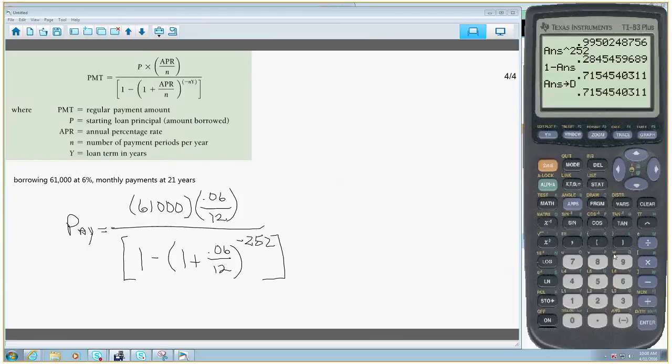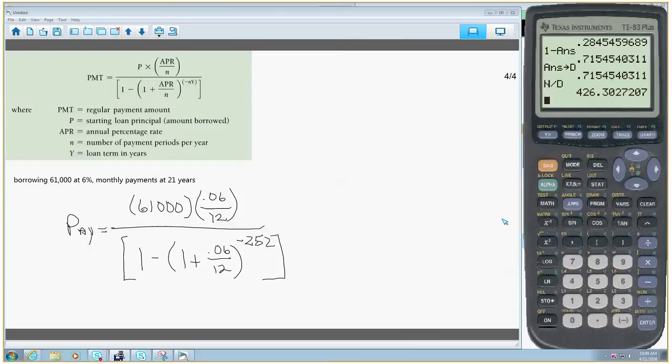And now I take alpha n and divide by alpha d. And that should be the payment they got, which I'm not worried about because that's not the question I'm going to ask you. What is the payment? It's $426 a month.